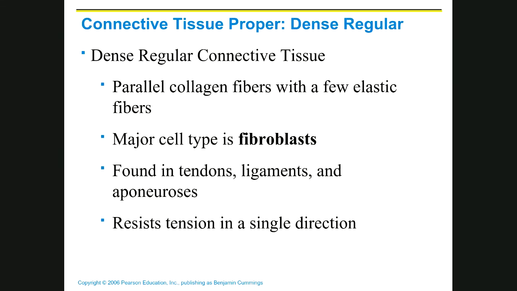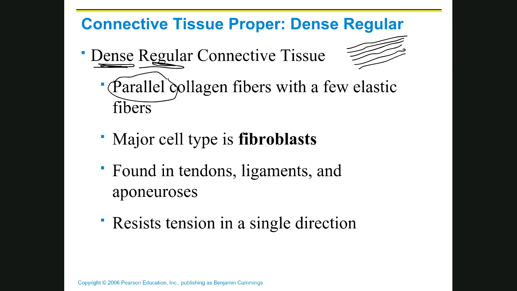So dense regular, dense tells you it's dense, and regular. Well, what regular means is that it has fibers in it, and the fibers are all arranged in a regular pattern. They're very, very regular. In other words, they're all parallel to each other.